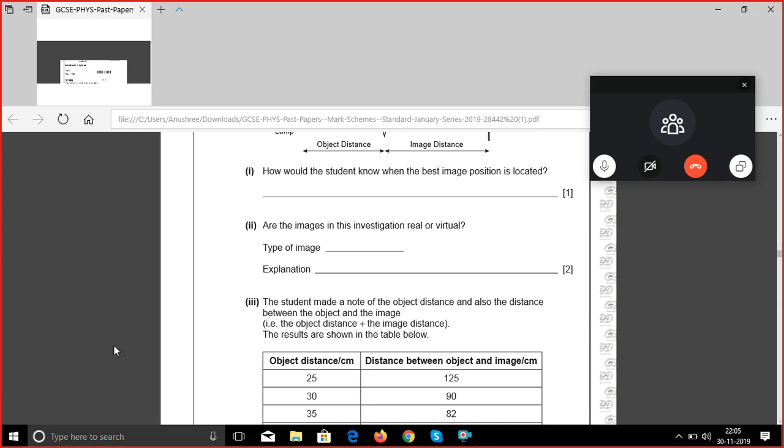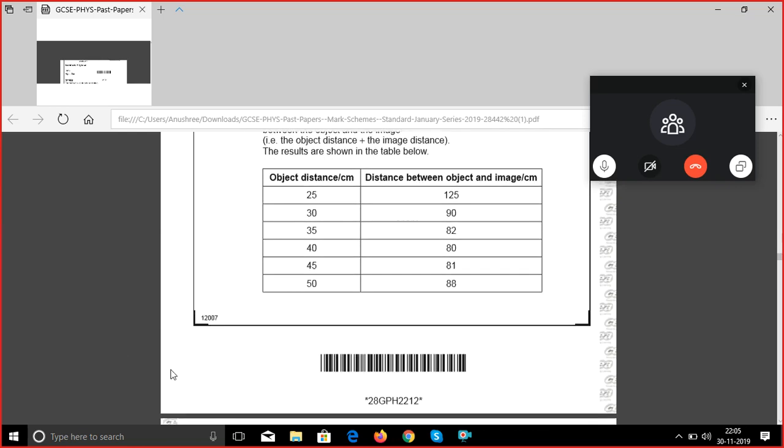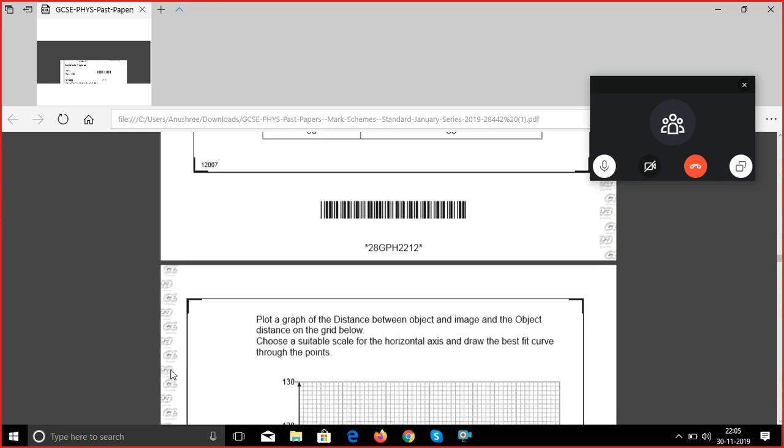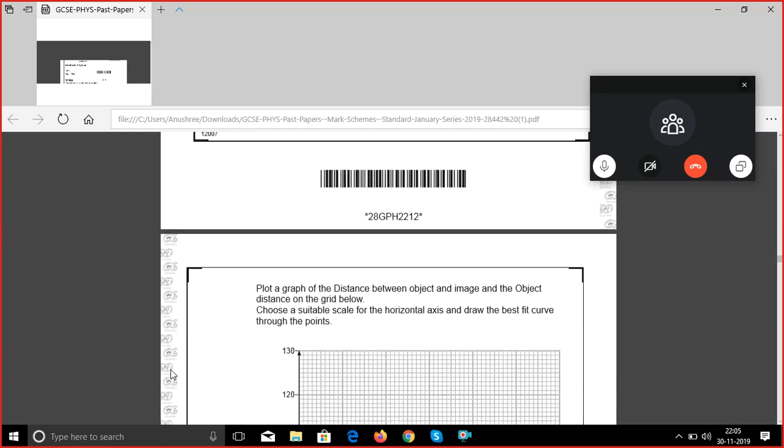Now the third part. The student made a note of the object distance and also the distance between the object and image. The results are shown below in this table. You have to plot the graph for this.